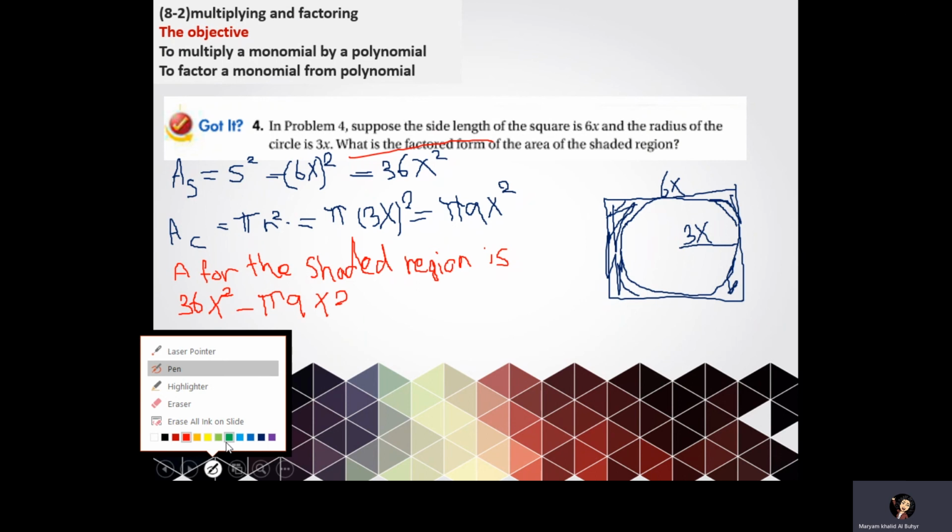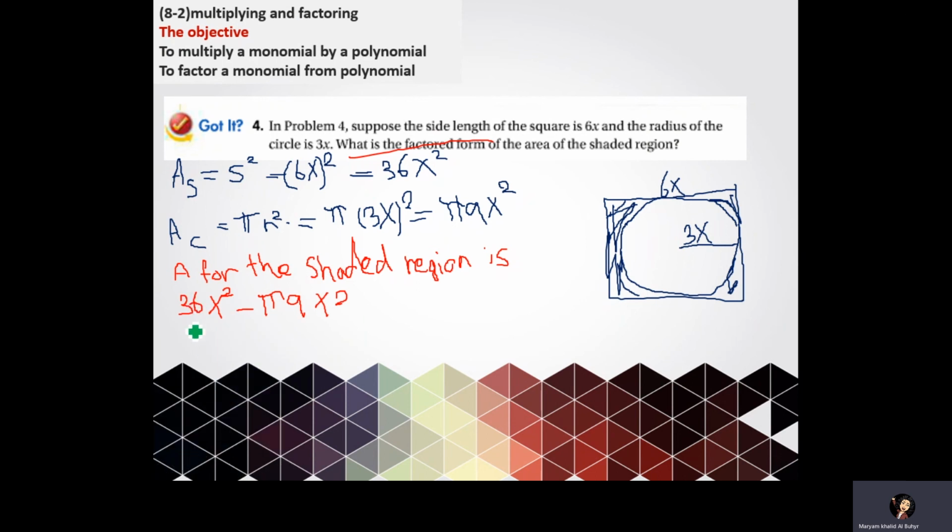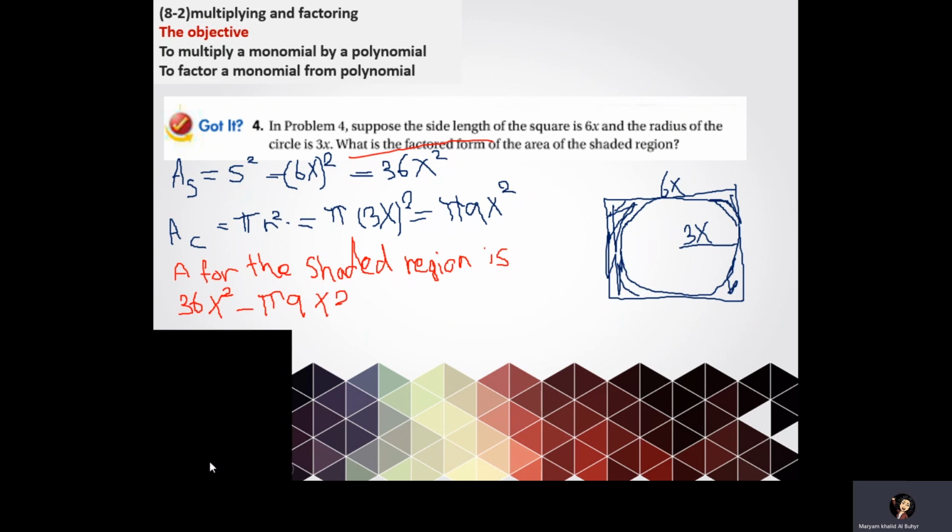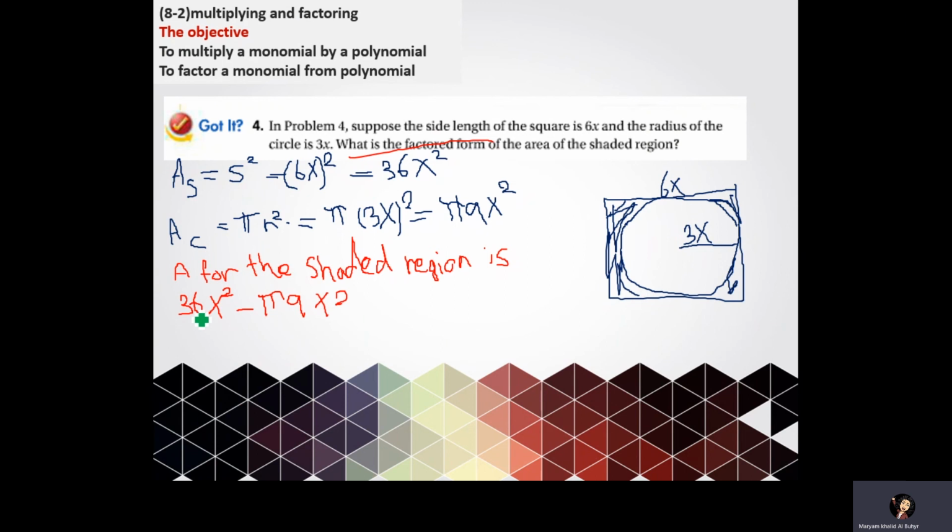Since they need that, I will directly factor the 9 like this. I will factor it in an easier way this time, because inshallah you are okay. So that's 9 times 4. Why did I do this? Because I saw 9 here: 36 x squared minus pi 9x squared.